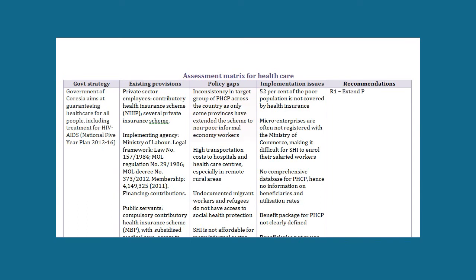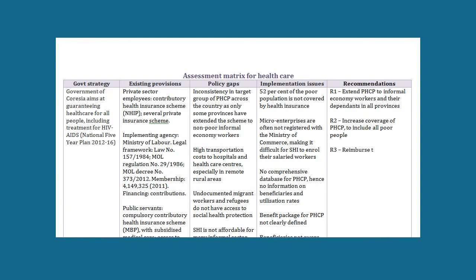In Corasia, the first policy gap, which is the PHCP target group definition not being consistent throughout the country, can be converted into a recommendation to extend PHCP to informal economy workers and their dependents in all provinces in the country. The first implementation issue, that the PHCP does not cover 52% of the total target group, can be converted to a recommendation which states coverage should extend to all poor people in the country.